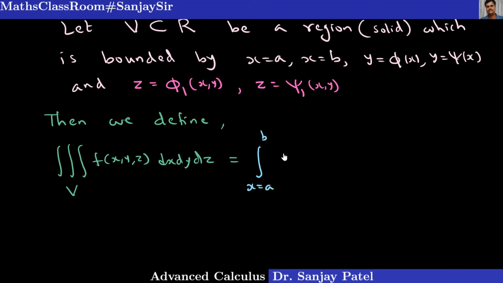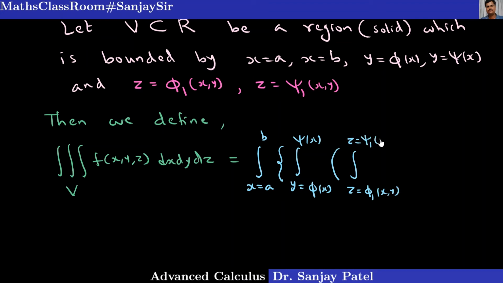Then I can say y equal to phi of x to psi of x, and finally z equal to phi 1 of x comma y to z equal to psi 1 of x comma y, f of x comma y comma z into dz into dy and then dx.